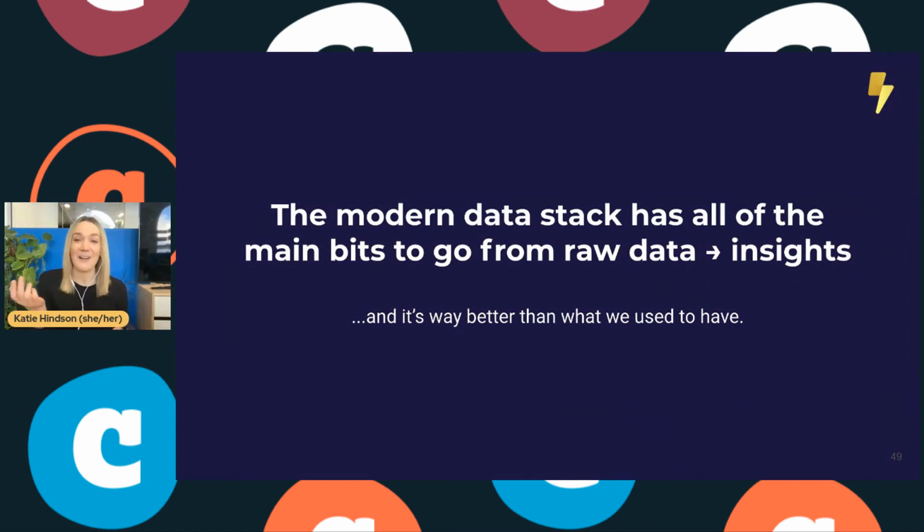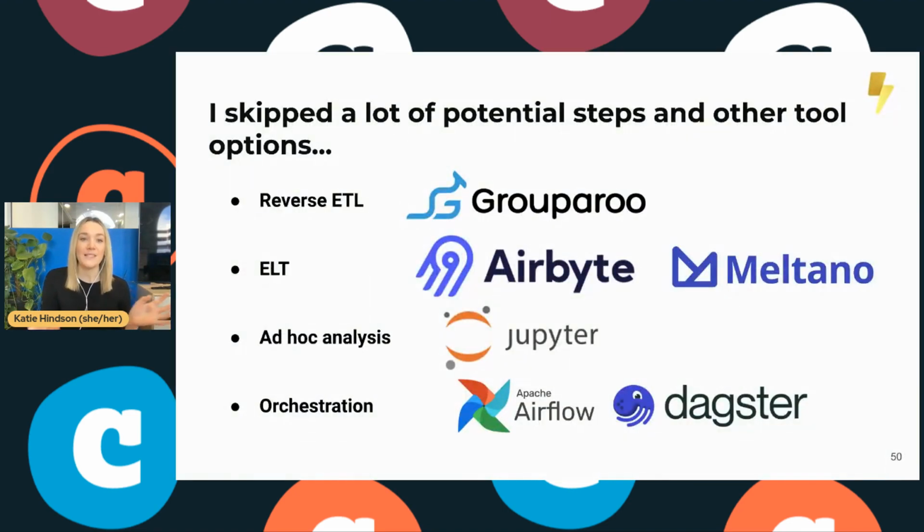Yeah, so after all that, I hope that you'll agree with me that the modern data stack has all the main bits. We actually need to go from raw data to insights, and it's way better than what we used to have. But it's worth mentioning that I really slimmed this down and only talked about 3 parts of the data stack. But in reality, there's like a ton of other tools and tasks you might actually end up needing at your company.